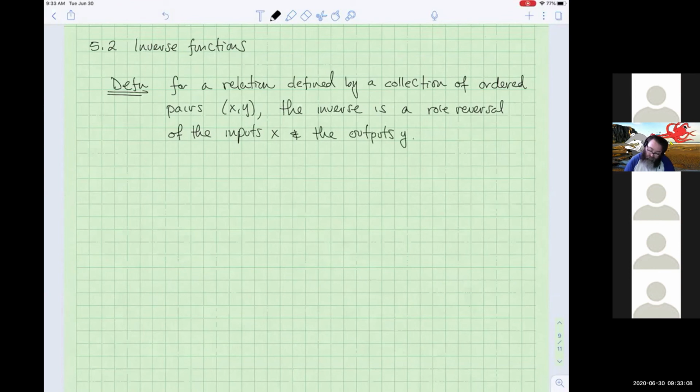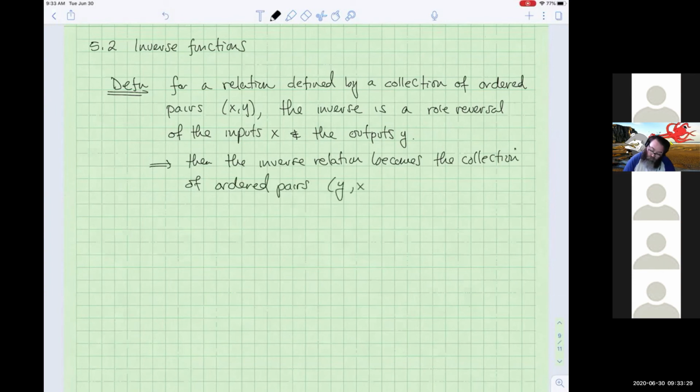That is to say, the inverse relation becomes the collection of ordered pairs (y, x).